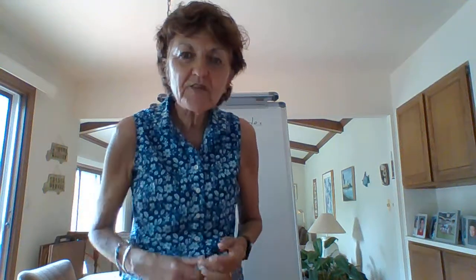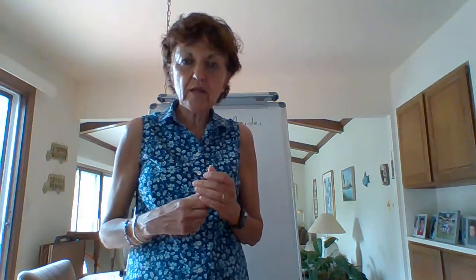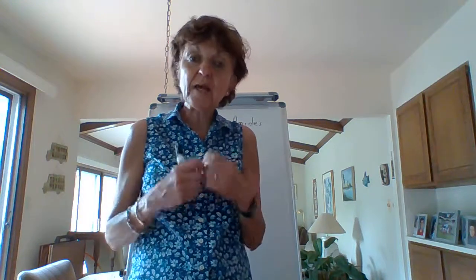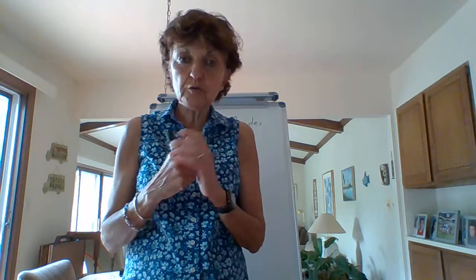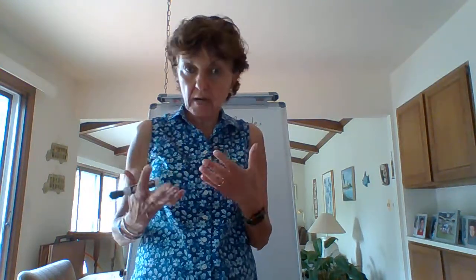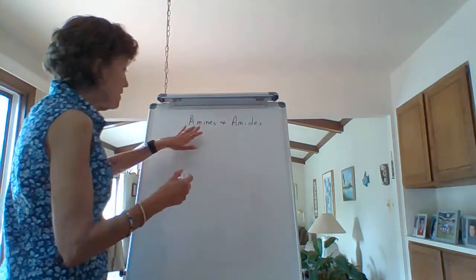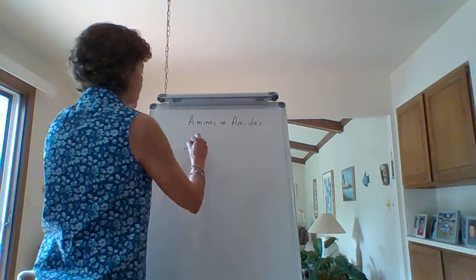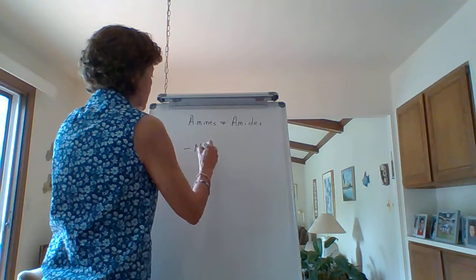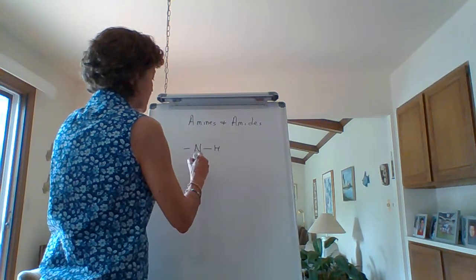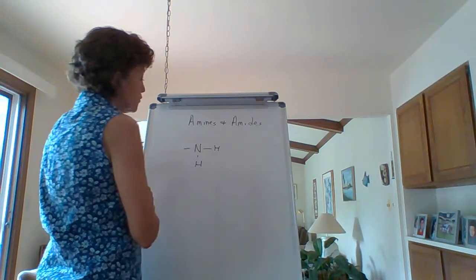All right, in this video, we are going to get started with a new functional group that has a nitrogen in it. There are two functional groups that have the nitrogen. They're amines and amides. An amine has this functional group.